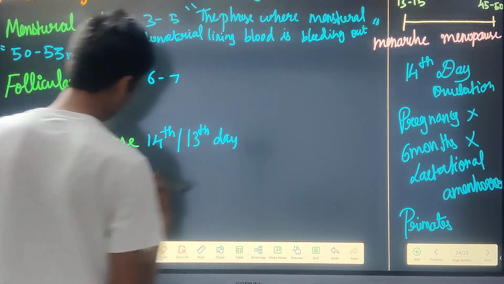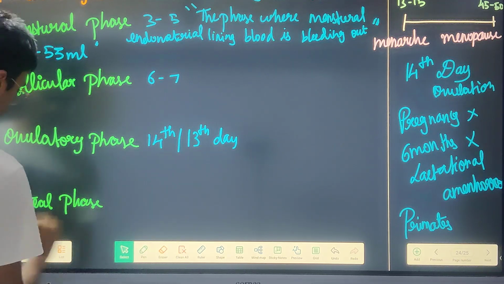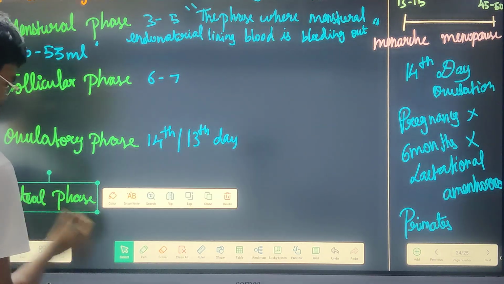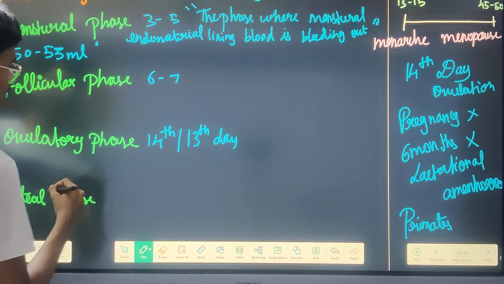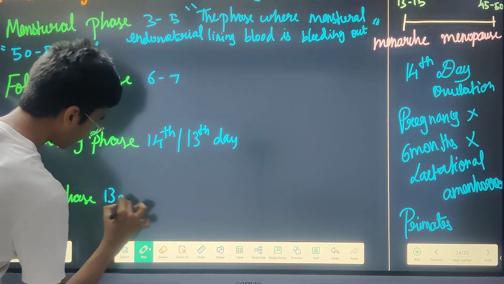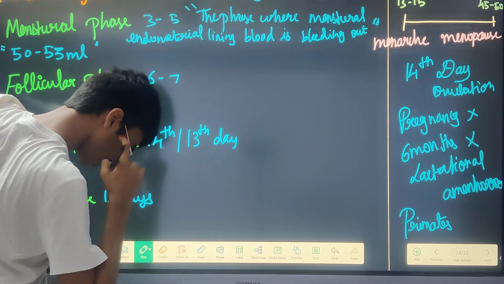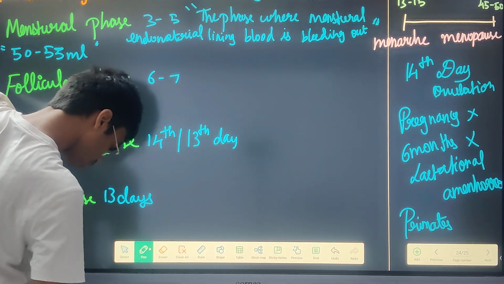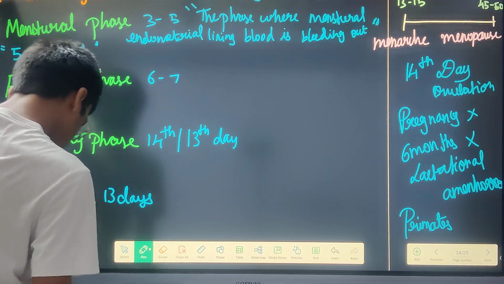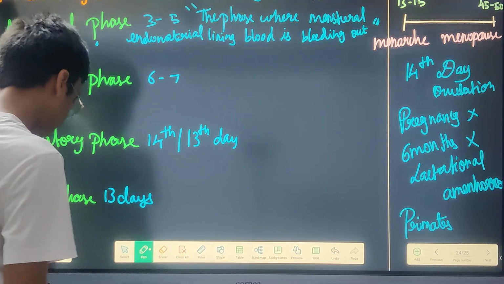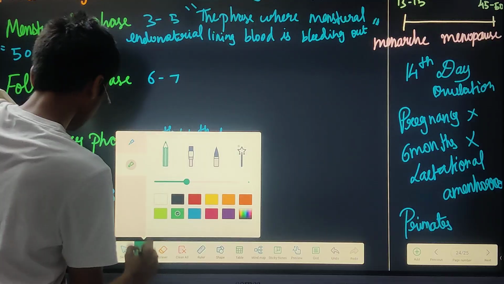Then the luteal phase. The luteal phase will last for 13 days, which is the largest phase, and the luteal phase is also known as the secretory phase.